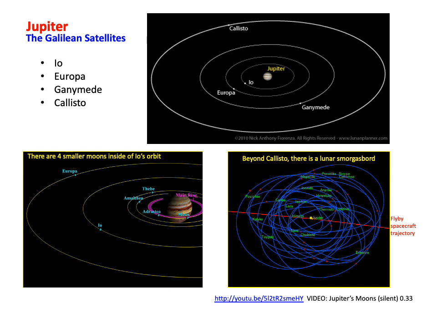Callisto is not quite yet in resonance with the other moons. So it takes time to get into resonance, and it turns out that 4.5 billion years wasn't enough for Callisto to quite get there, but it's on its way. Okay. Now, if you look to the lower left, you'll see that there are a few moons that are actually inside of Io's orbit.